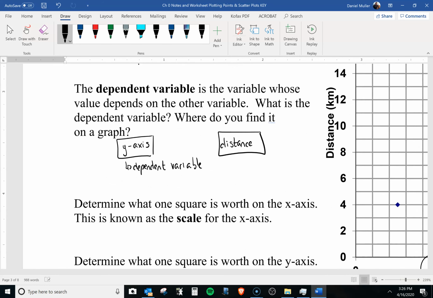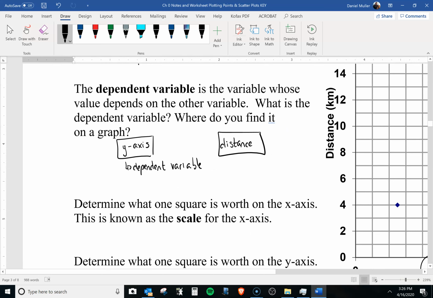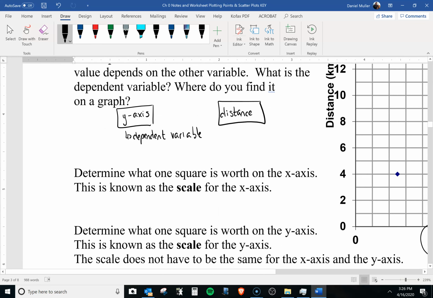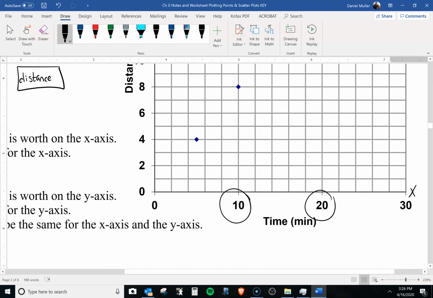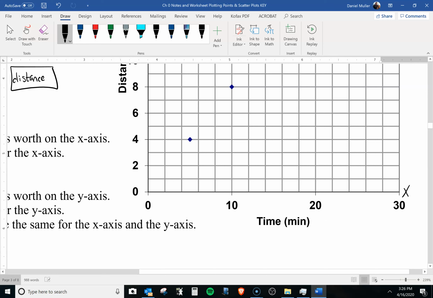All right, it says determine what one square is worth on the x-axis. This is known as the scale. So let's look at the x-axis. I can see markings 10, 20, 30, but that's not what one square is worth. So what is every one of those squares worth? There's 1, 2, 3, there's 5 squares, and there's 10.